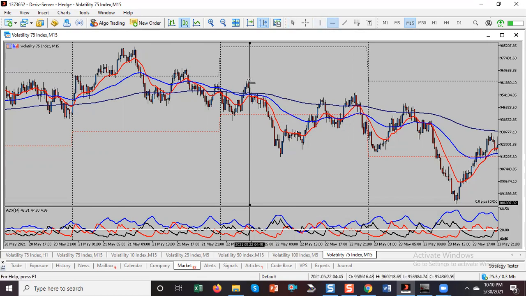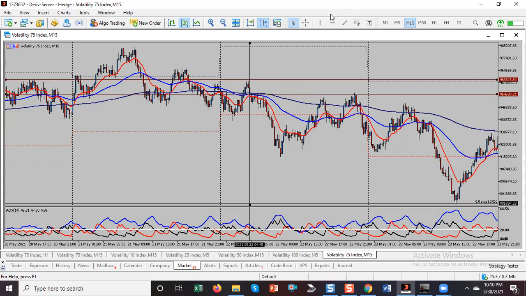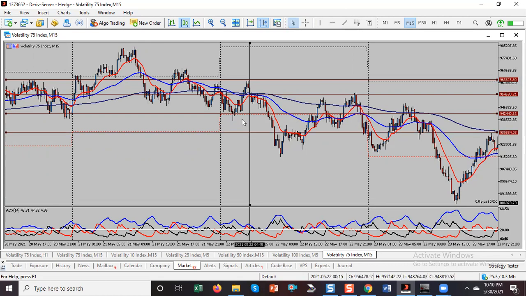So stop loss will be here, and entry here at the beginning of that candle. So first take profit will be yesterday's low, previous day's low, and you can decide to ride the remaining one to this level or this level, and that is it. No loss.